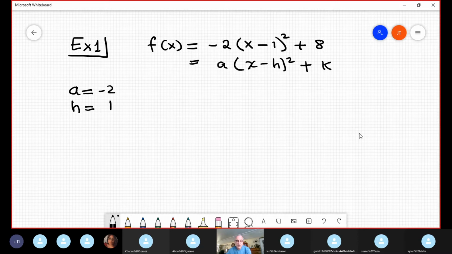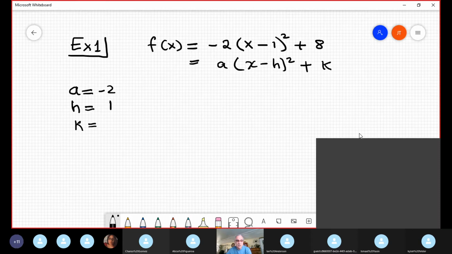There's one shortcut to find quickly the value of h: inside the parentheses, negative 1 actually is positive 1, so opposite sign. However, k is different. Why? Because it's plus. It says plus k directly, so k is equal to 8.